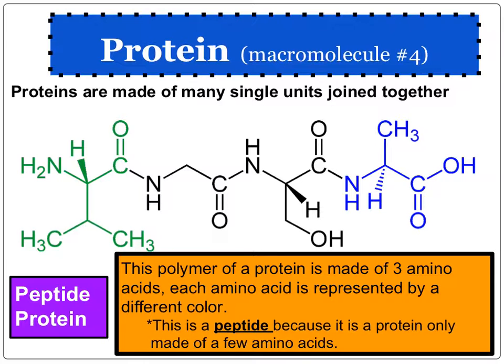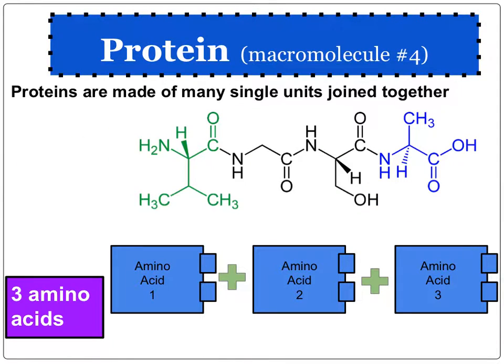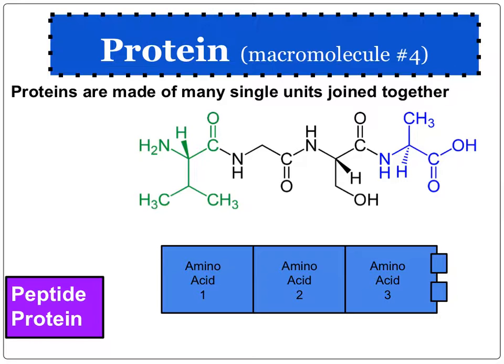So shorter proteins are called peptides, and each color is supposed to be one of those amino acids coming together. So, same thing as in the case of nucleic acids and carbohydrates, we have these monomers click together, and they become the polymer, called a protein, and specifically a short protein, which is called a peptide.